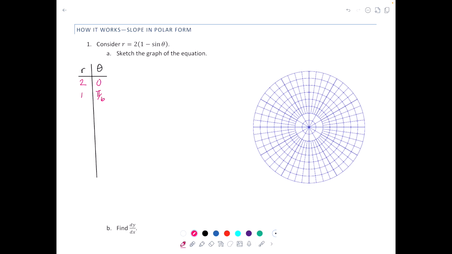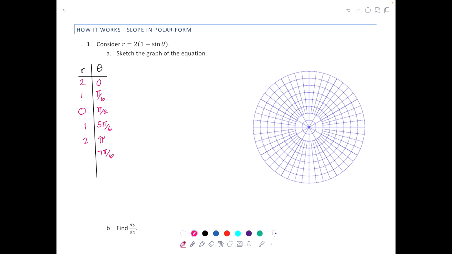And then pi over 2 is going to be 1 minus 1 inside the parentheses, which is 0. And then 5 pi over 6, we'll get 1 again. Awesome. Going into pi, we'll have 2. At 7 pi over 6, the sine function will be negative a half, so we'll have 1 plus a half, which is 3 halves, right?